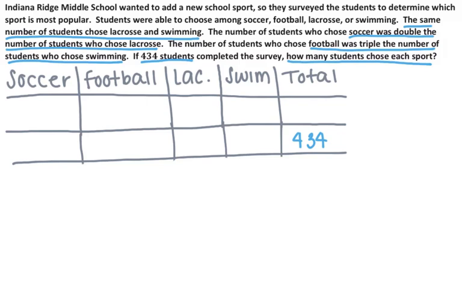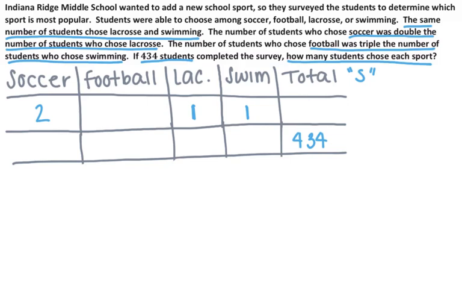So we know that the same number of students chose lacrosse and swimming. So I'm just going to use the variable s, and I'm going to say that this is 1 and this is 1, and our variable will be s. And then we know that soccer was double the number of students who chose lacrosse, so the double of 1 is 2.